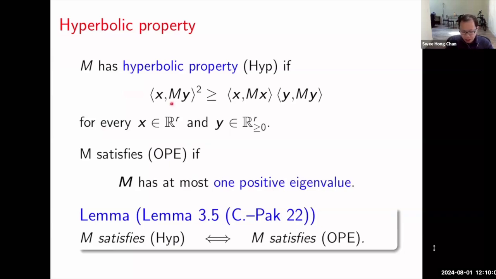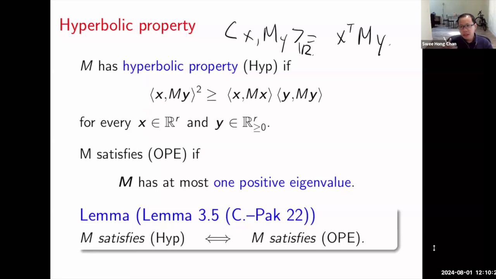Take the inner product of M with x and y. Here, this will be the usual real inner product. If you want, you can write this as xMy, which is x transpose times M times y. We say that M has the hyperbolic property if (xMy)^2 is greater than or equal to (xMx)(yMy).